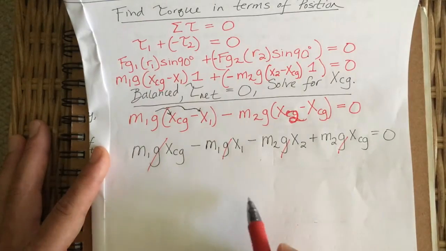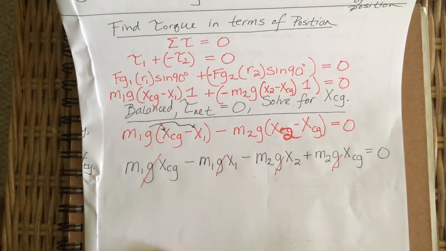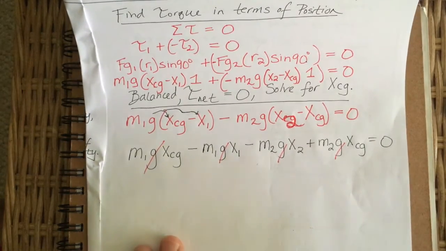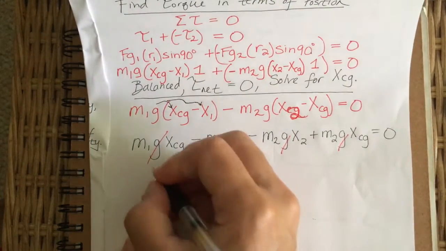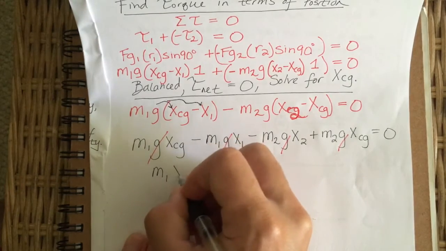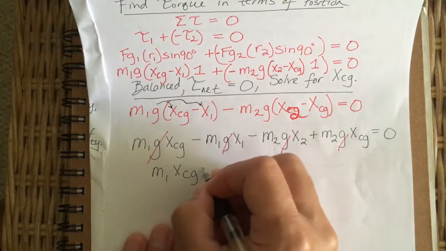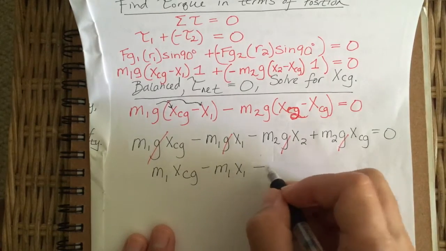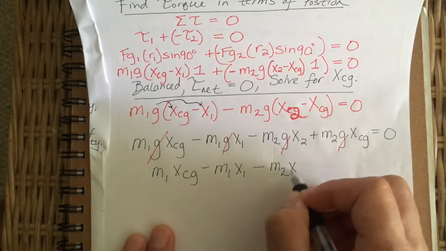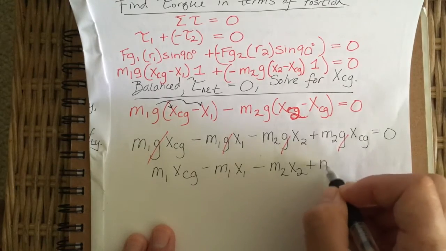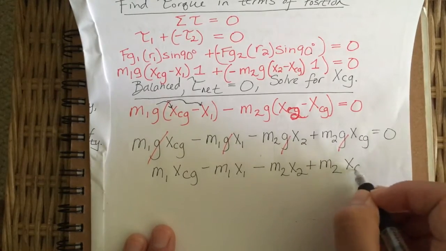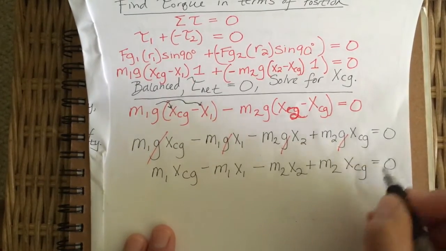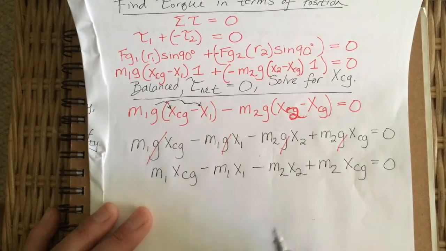We can just divide both sides by g. We could factor out the g first, then divide both sides by g. Either way, it's fine. So I'm going to rewrite. So m1 xcg minus m1 x1 minus m2 x2 plus m2 xcg equals 0. So let's go ahead and get xcg alone.